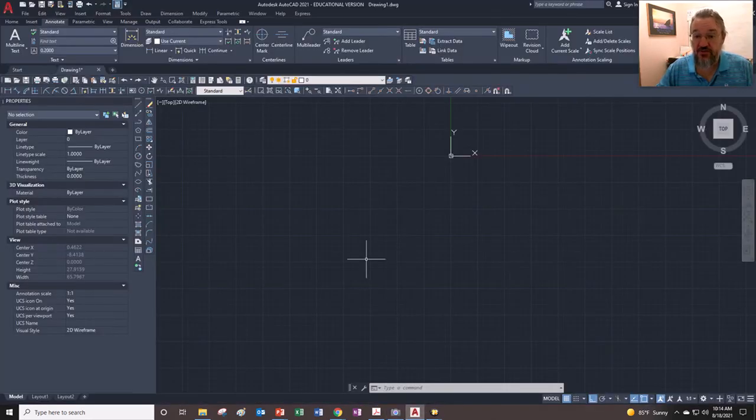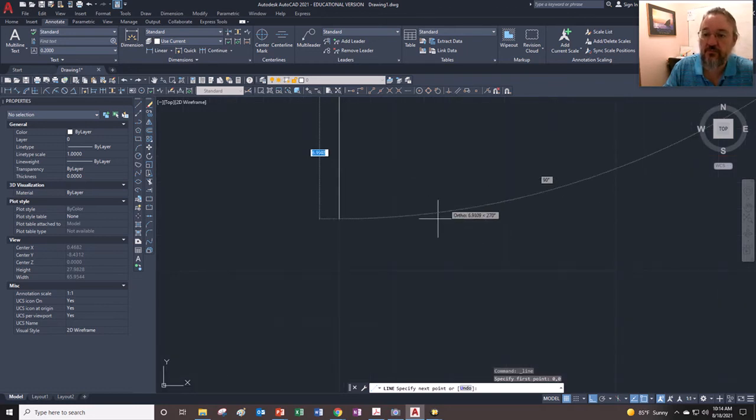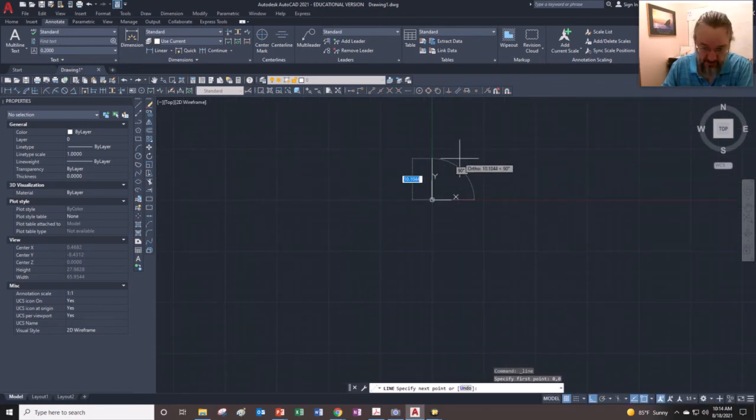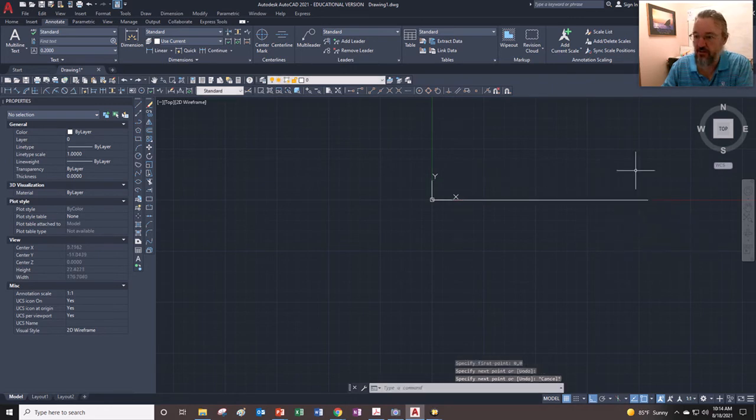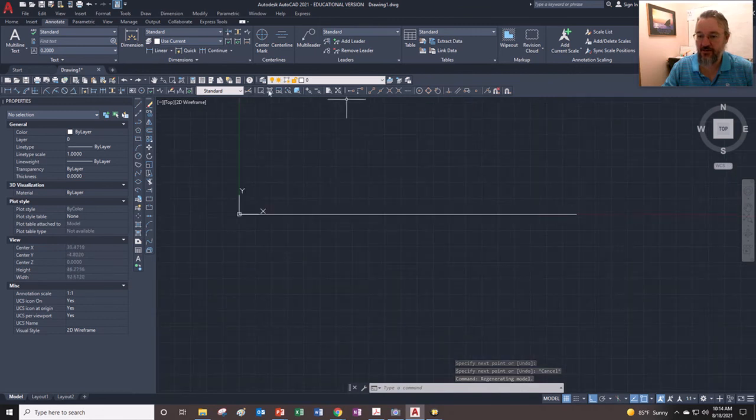Let's first confirm the first part, right? So I'm going to start out at the origin here, and I'll leave the orthogonal on. I don't know if I'm going to use a scale. I'll just use full scale and see what happens.